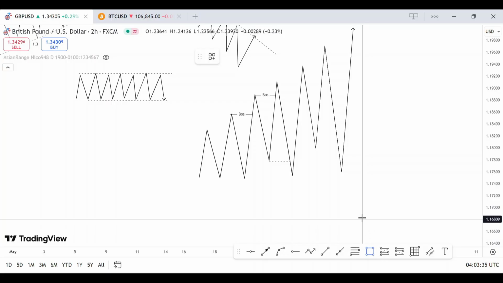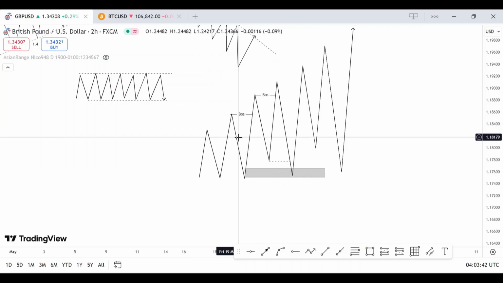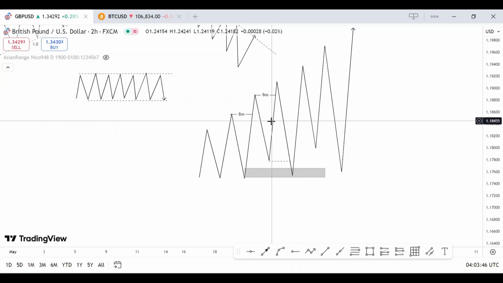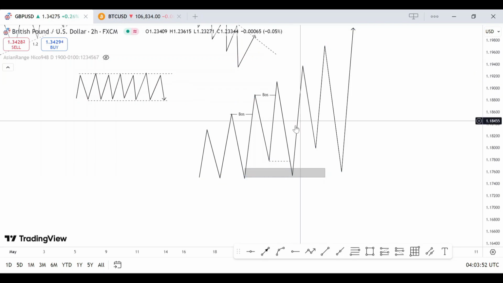What do you do? You take your box, you mark out the nearest demand zone next to it. This low here will eventually be swept out, where price moves from liquidity to liquidity, key levels to key levels, and in doing so, taking liquidity next to it. Don't worry, in our next video, we'll be diving more into liquidity.